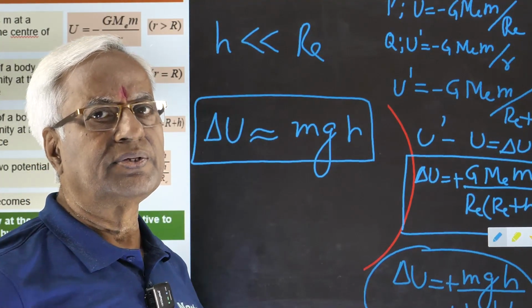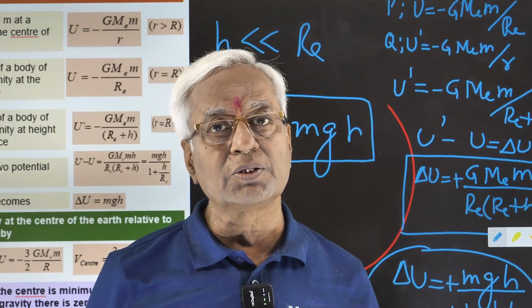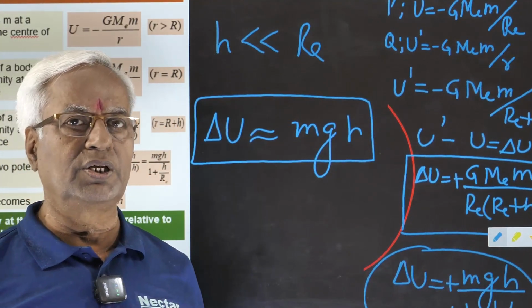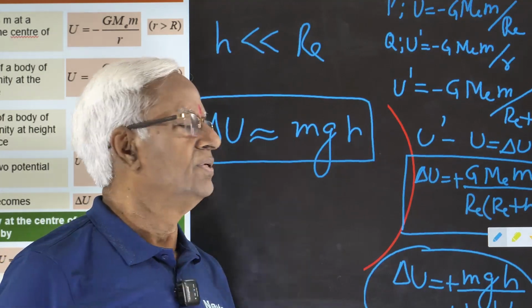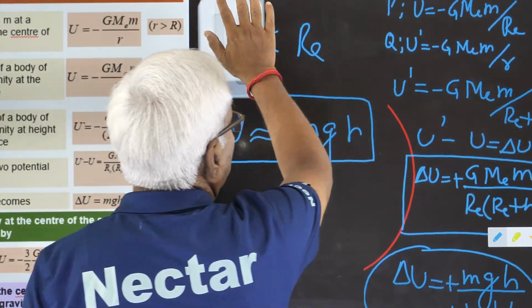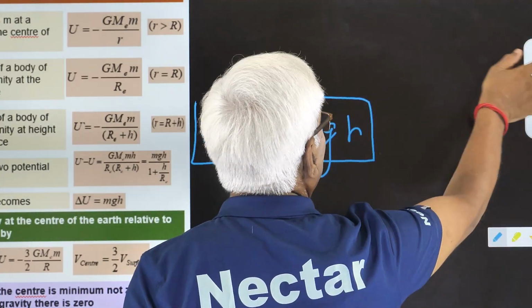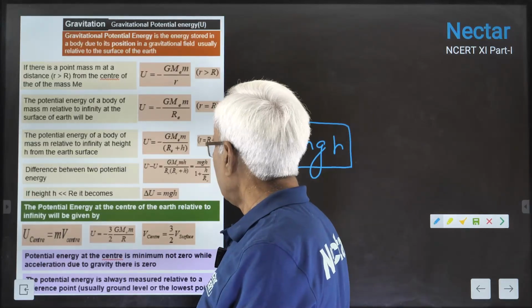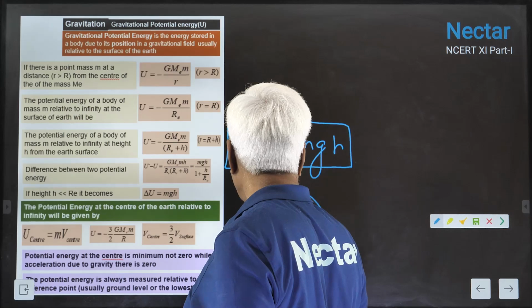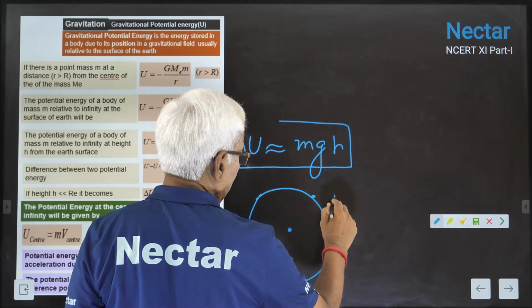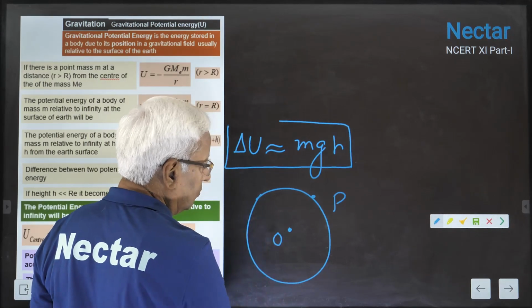Normally, whenever we consider potential energy, some reference point is taken, and that's mostly either the lowest point or the surface of the earth. One more thing, the potential energy will be minimum at the center. This is the center, this is the surface. Say a point P on the surface, and O the center.